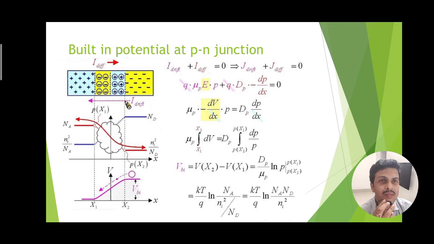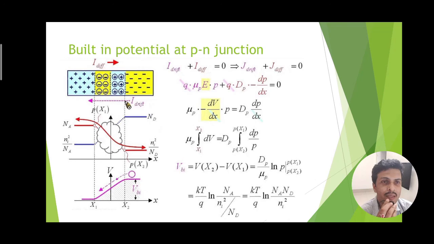So here minus dV dx is taken because the electric field is normally equal to the slope of the voltage with negative polarity, because the voltage gradient and the electric field direction is opposite.